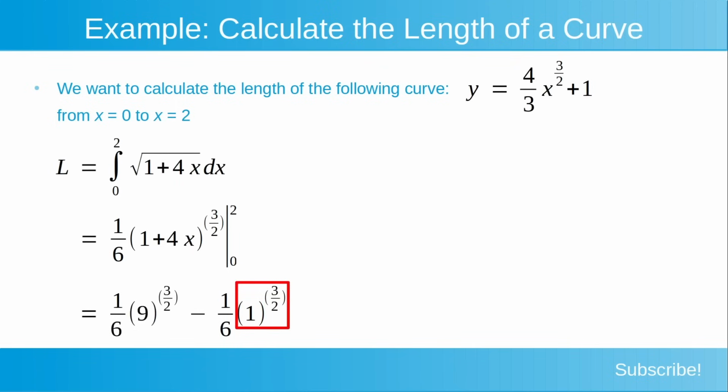1 to the power of 3 over 2 is equal to 1 to the power of 1/2 cubed. 1 to the power of 1/2, that's the square root of 1, which is equal to 1. And 1 cubed is equal to 1. Minus 1 over 6 times 1 is minus 1 over 6.